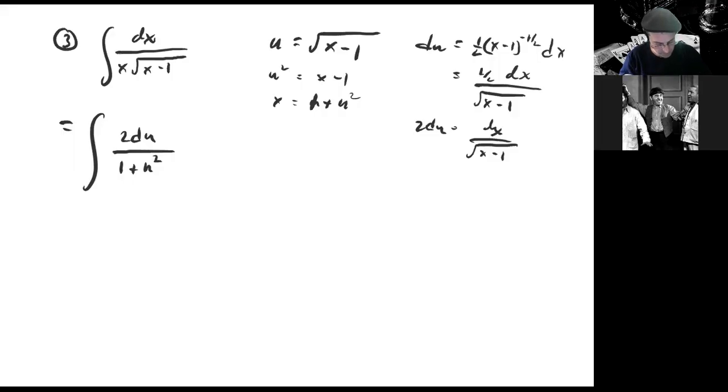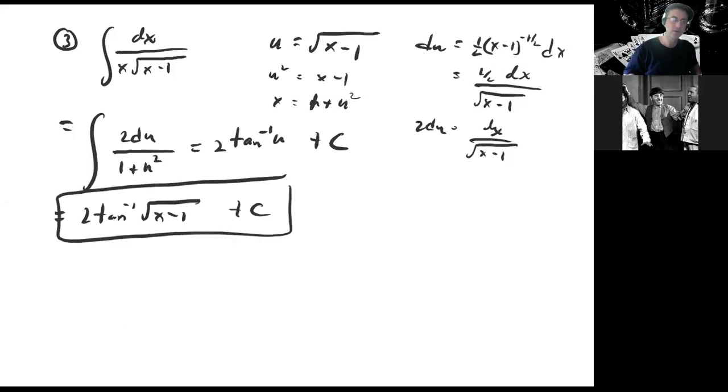But of course, if we bring the 2 out, this is twice du over 1 plus u squared, and that integral is the arctangent of u. But now we have to go back, and then we have to add a C, of course. And we have to go back and express this in terms of x. So this is twice arctangent of the square root of x minus 1 plus C.